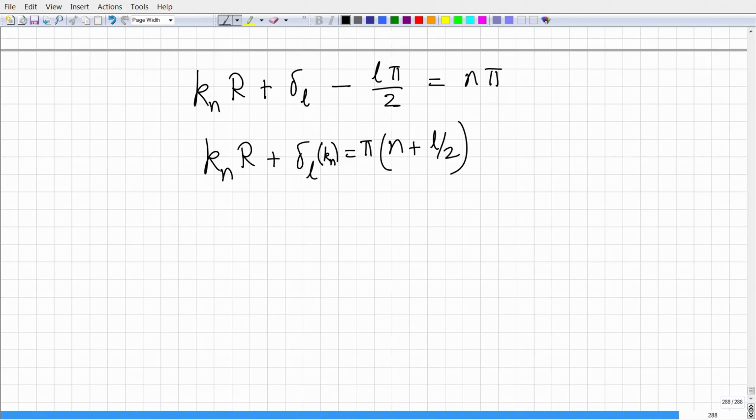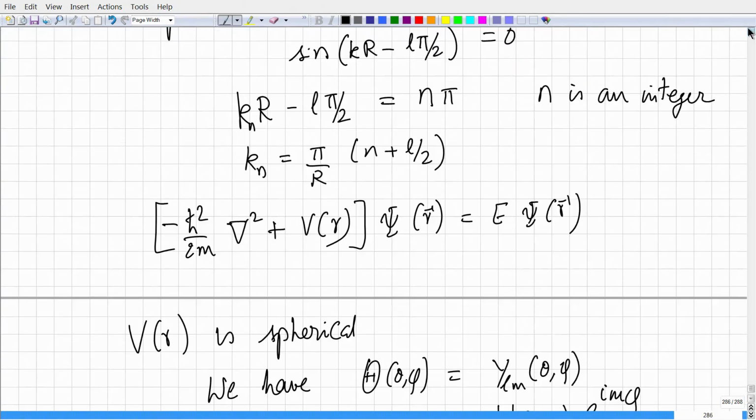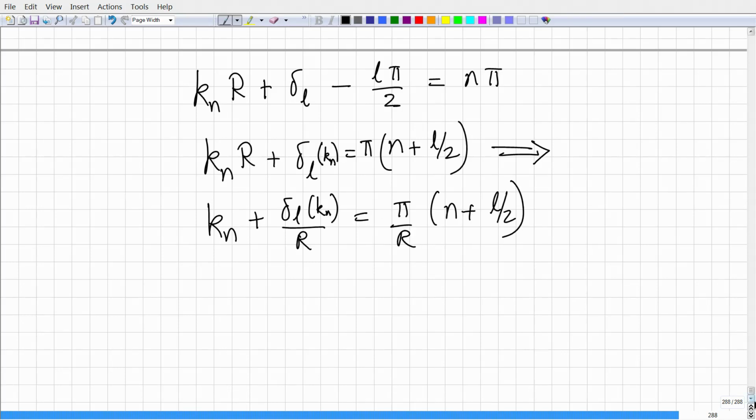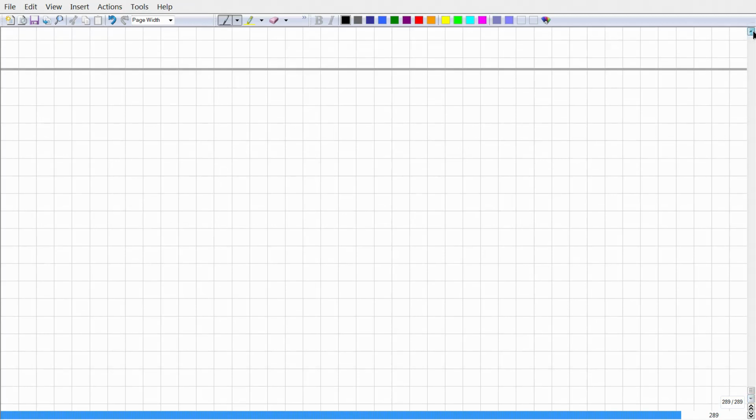Now, let us see how these allowed values of k_n r plus delta L compare with the other condition. I can write it as k_n plus delta L by r equal to pi by r times (n plus L by 2). Now, let us see what happens when we had no impurity.